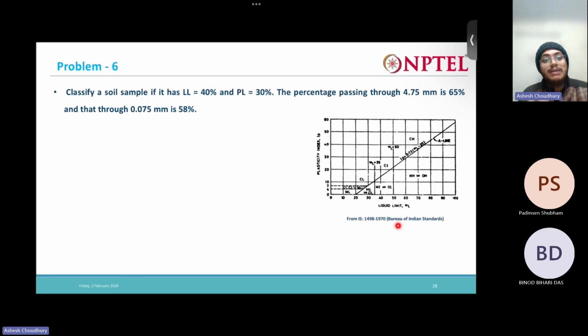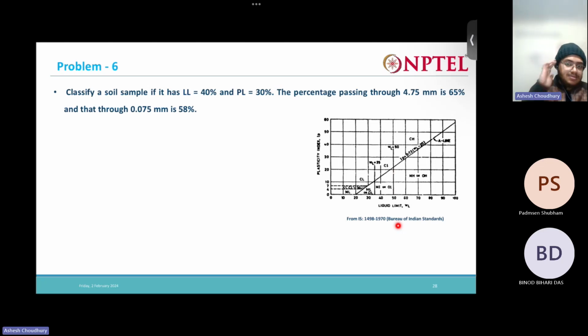See, the liquid limit is 40%. If the liquid limit is 40%, that means between 35 and 50, so it is going to be I, intermediate. ML is less than 35%, H is greater than 50%. If the liquid limit falls between 35 and 50%, that is I.